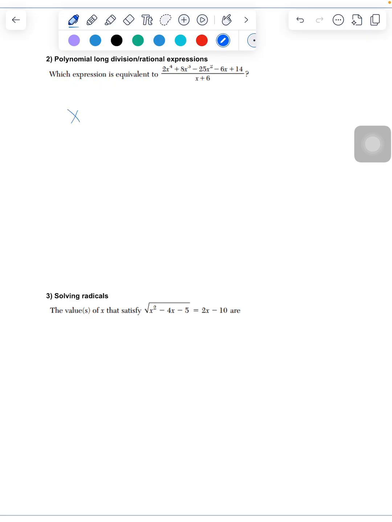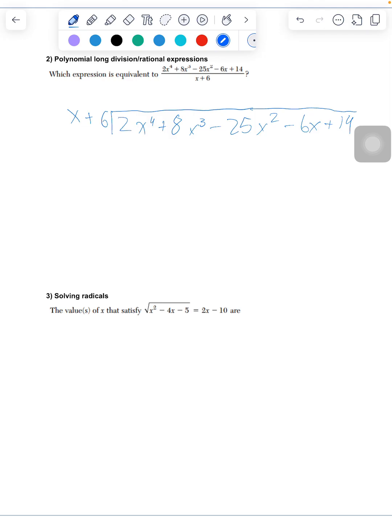This is x plus 6. And then I'm setting up the long division. 2x to the 4th plus 8x cubed minus 25x squared minus 6x plus 14. Oh my God, this one is huge, right? Why did I give this one to you guys? Anyway, let's take a look. Let's try the problem.